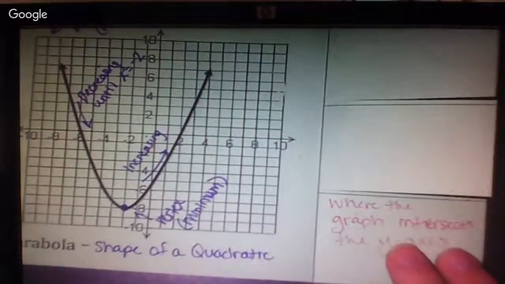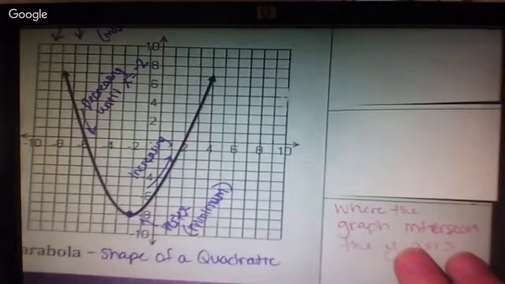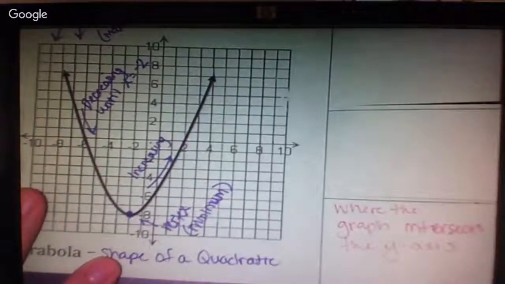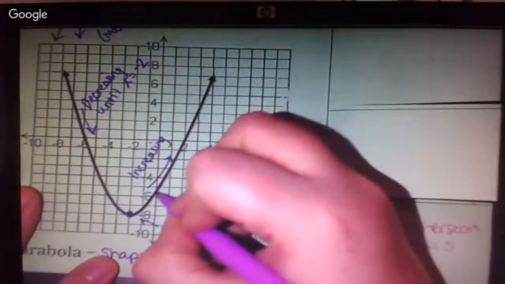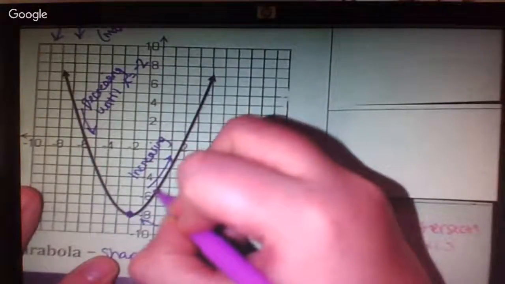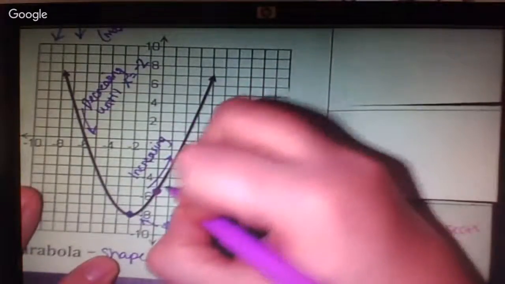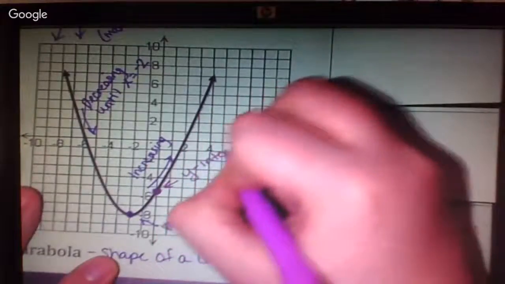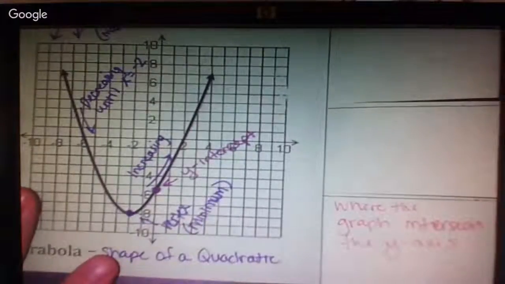Okay, so on this graph, where is your y-intercept? It's kind of like in between -5 and -6. Where's your y-axis?